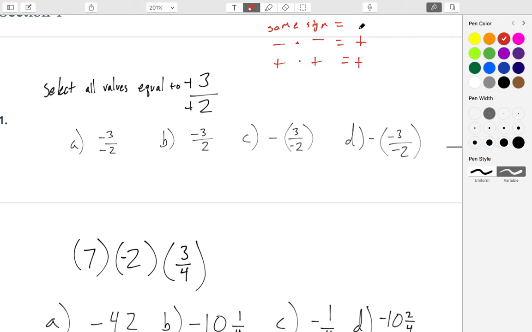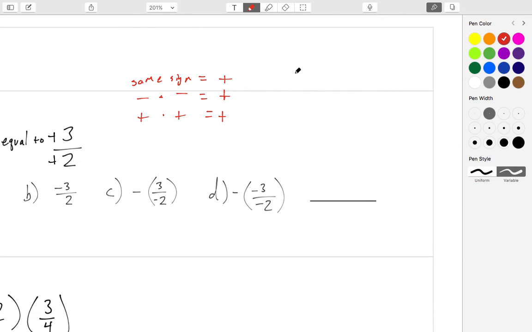So if it's the same sign, it is positive, right? If it is a different sign, so something like a negative times a positive or a positive times a negative, what are they equal to? Different sign will be equal to a negative. So that's one way you can memorize your multiplication and division rules.